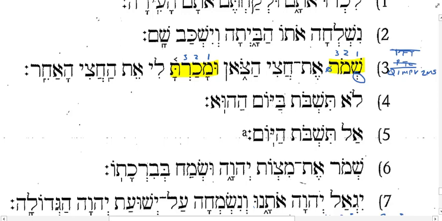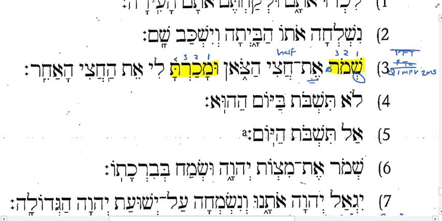What does shamar mean? Yeah, to guard or to keep. Now, until we know what we're guarding or keeping, we're not sure which of those is going to be the better translation. So let's see what he is commanding someone to guard or keep. We have et chatzi hatzon. What is chatzi? It's half. Okay? Now notice that there's an et in front of half.